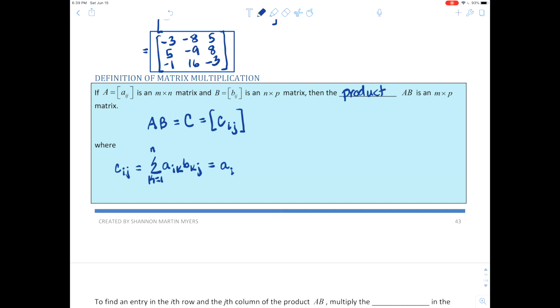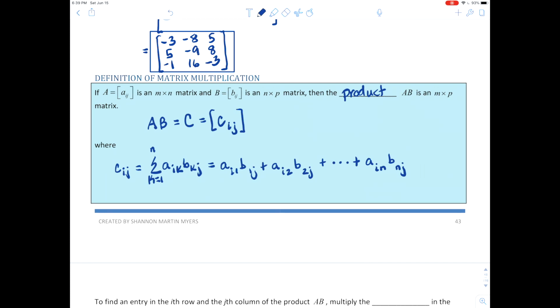Okay, so if we expand this out just to give you an idea, we would end up having Ai1 B1j plus Ai2 B2j, plus, and you keep going in that manner until you get down to AiN times BNj. Groovy?